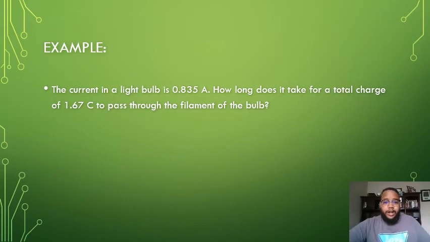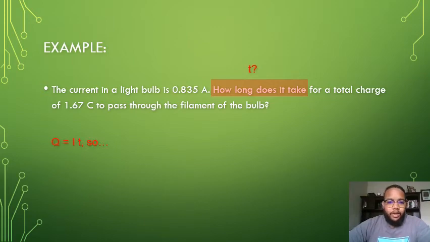All right, so hopefully you've tried it out. Let's see what this looks like. So first of all, it's asking me how long does it take, which means it's asking me for time. Q equals IT, so if I'm going to solve for time, that's going to be time equals Q over I. The 0.835 amperes is I, it's current.